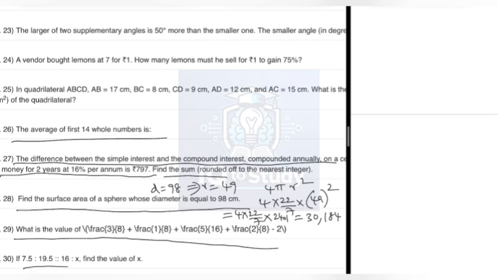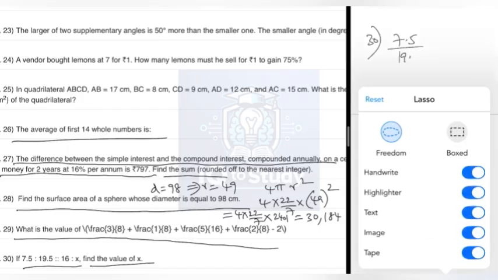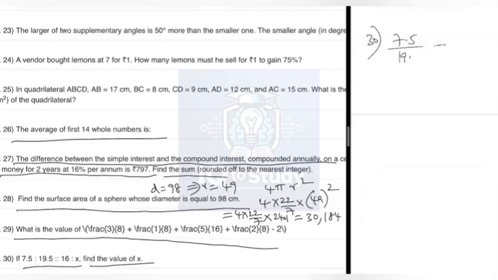If 7.5 is to 19.5 is equal to 16 by x, find the value of x. Given 7.5 by 19.5 is equal to 16 by x.